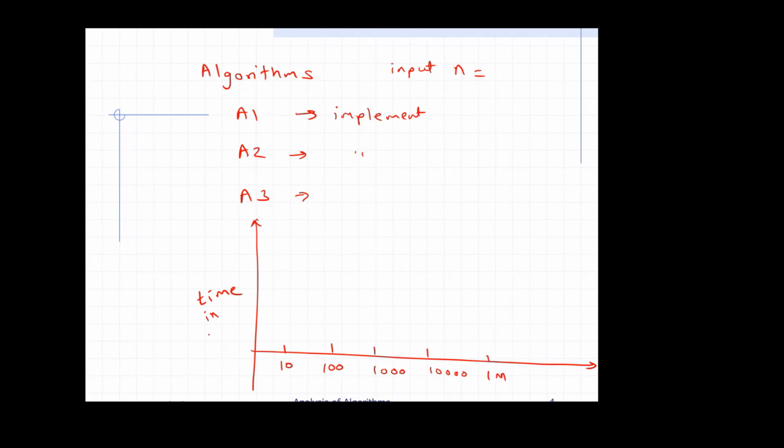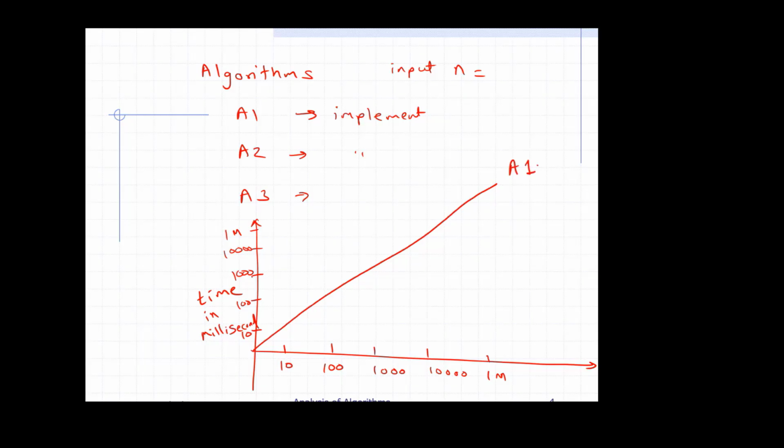Now the machines have become faster, so let's say milliseconds. I will also have some scale here: 10, 100, 1000, 10,000, 1 million. So if my A1 grows, let's say, this way.